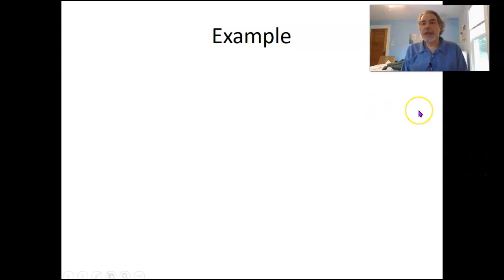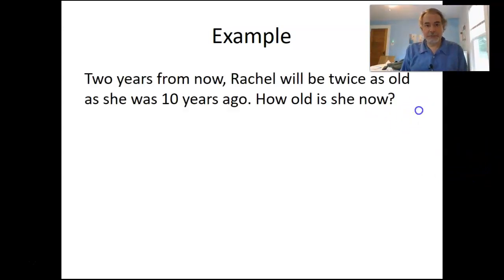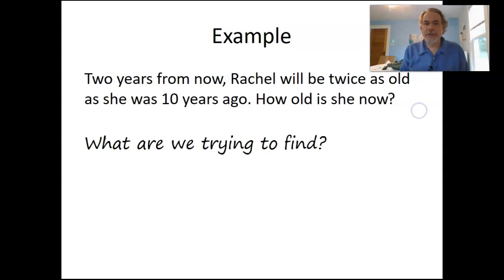So here's my artificial, contrived word problem example. 2 years from now, Rachel will be twice as old as she was 10 years ago. How old is she now? Okay, when faced with a word problem, a good way to get started is to first focus on what it is we're trying to find.